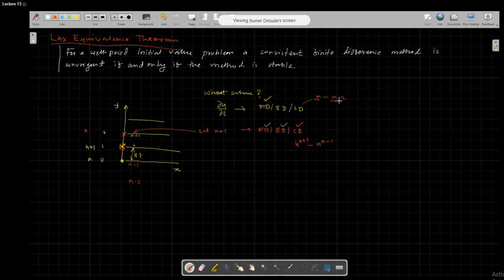For backward difference, that is also not possible here because you are calculating this value with this, but then it will be something different. Backward difference is also possible here.